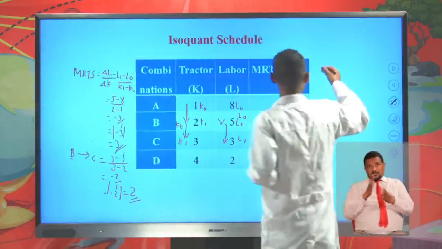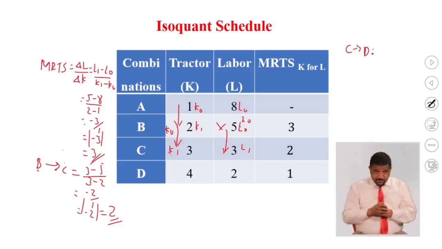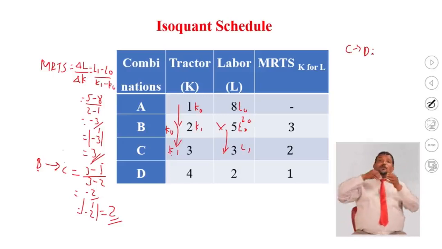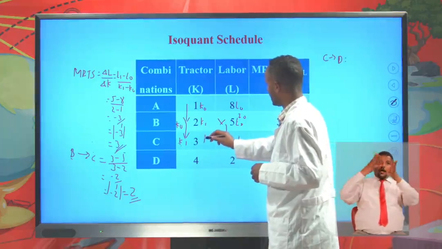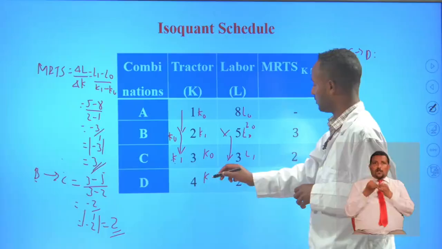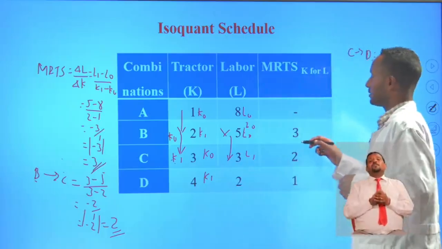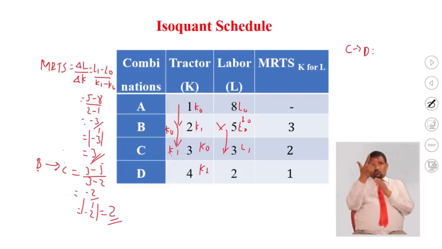Similarly, when we move from combination C to combination D, as we increase the variable input tractor from 3 to 4, that means tractor was initially 3 and finally reached 4. As a result, the amount of the variable input labor decreases from 3 to 2.